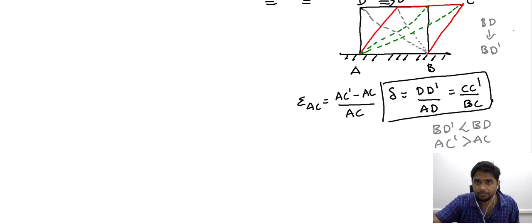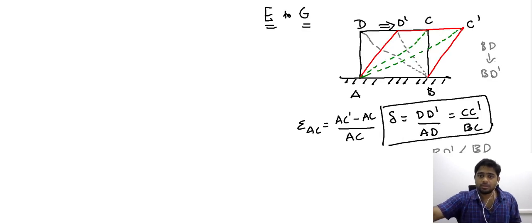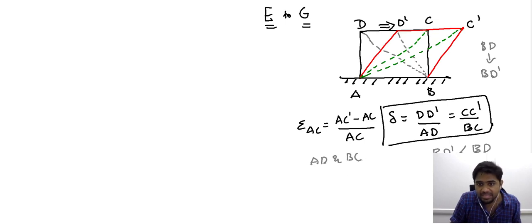Now, what we observe is that these are two diagonals within a square. So, it means that they are perpendicular to each other. Whatever strain we observe along AC is the resultant of two strains.